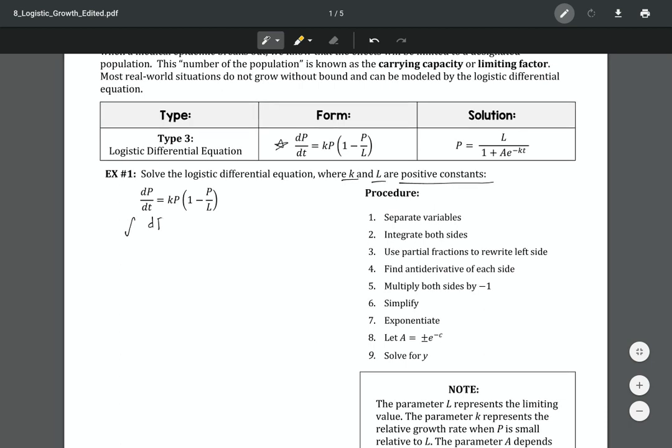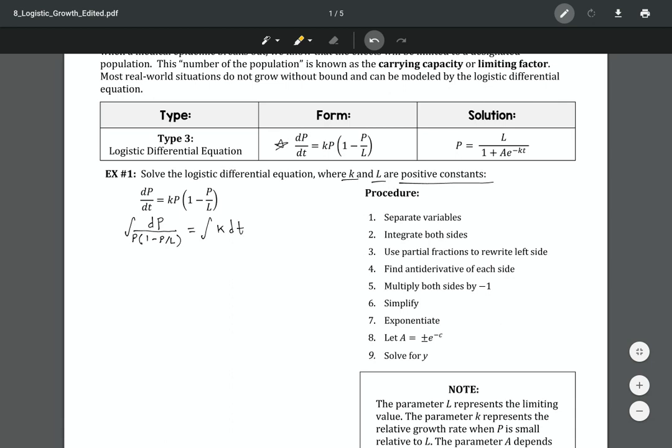So this is going to be dP, and everything that has a P over here, mainly all of this, I'm going to divide both sides by that. So I have the integral of 1 over P times (1 minus P over L) dP is equal to the integral of k dt.